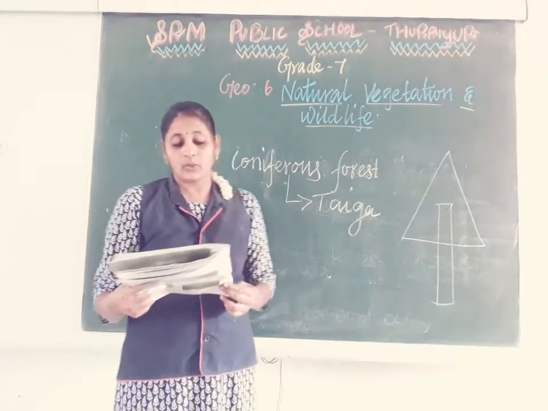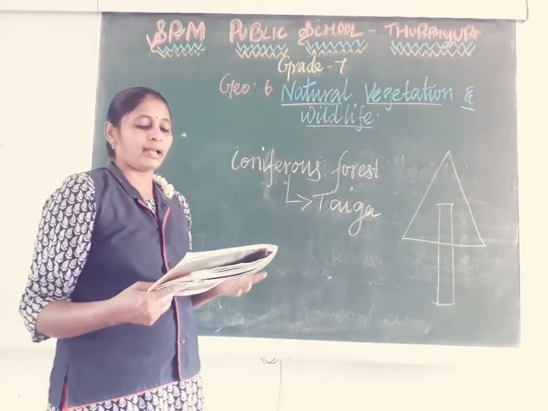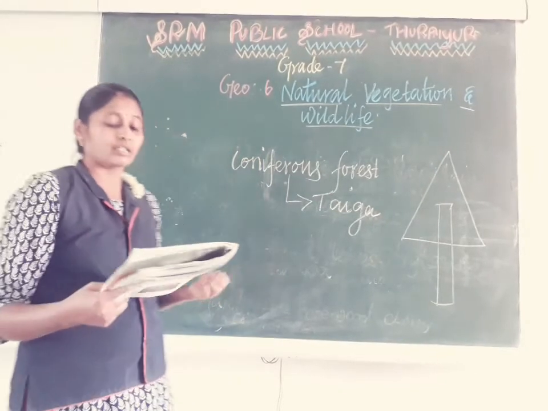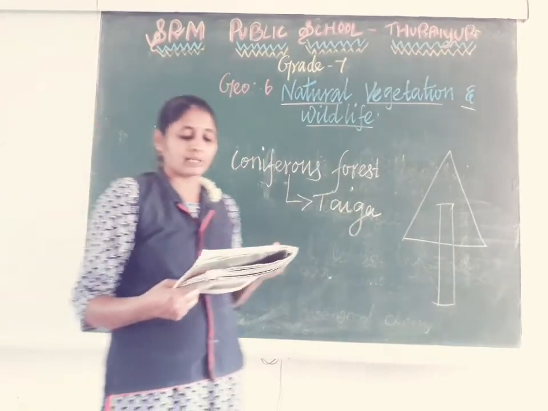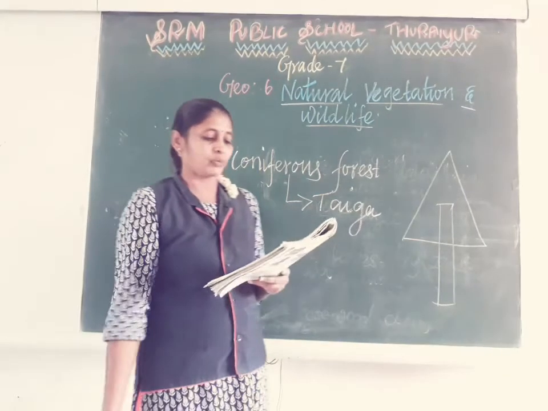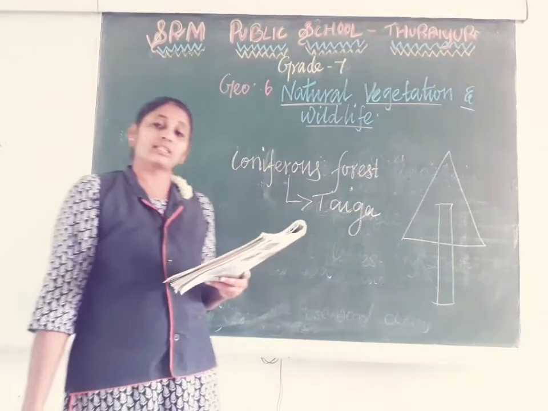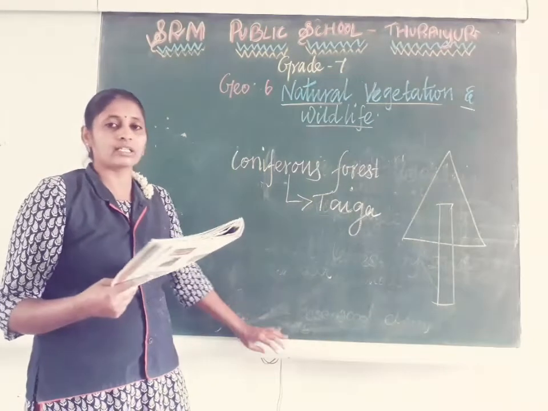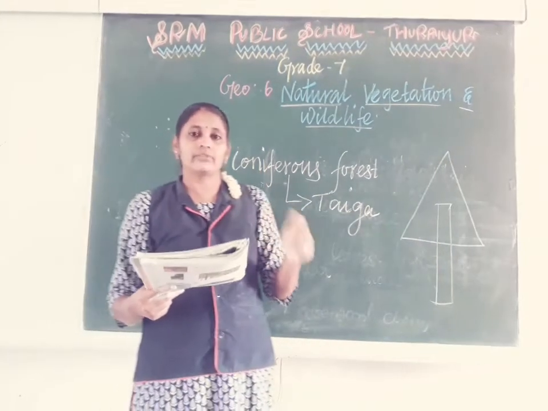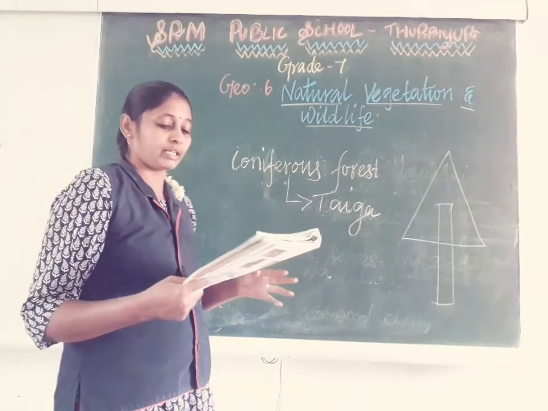Okay, so what are the trees, particularly in the Himalayan mountain range? What are the trees we can see maximum is Salima. Okay, the tree name was Salima. We can see it maximum in the Himalayan mountain range. Okay, so the trees in this forest grow very tall and are softwood evergreen. Okay, softwood trees only.